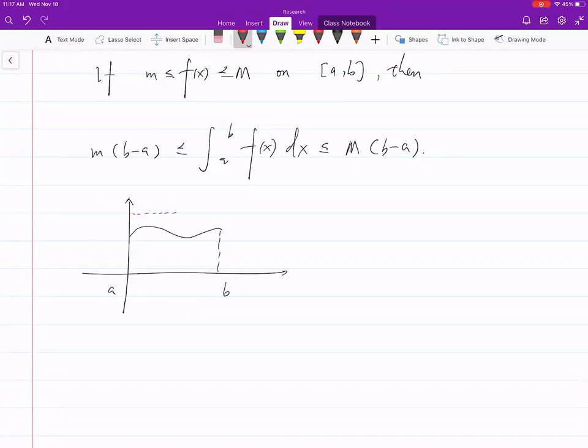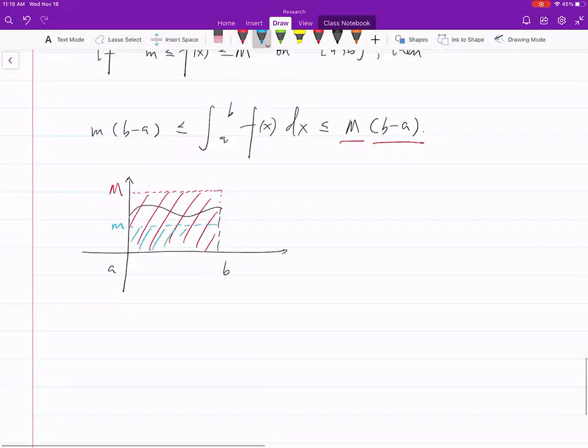If you already know there's a number capital M and your function is always below that, that means the area under this curve is going to be smaller than this rectangle formed by M and B minus A. If you already know the function is bigger or equal than a lower bound small m, then the area under this curve is going to be bigger or equal than this blue area because you're above. So basically you're taking one big rectangle and one small rectangle to squeeze the one in the middle and say, hey, you're right in the middle, smaller than the biggest, bigger than the smallest. Okay, of course that's true.